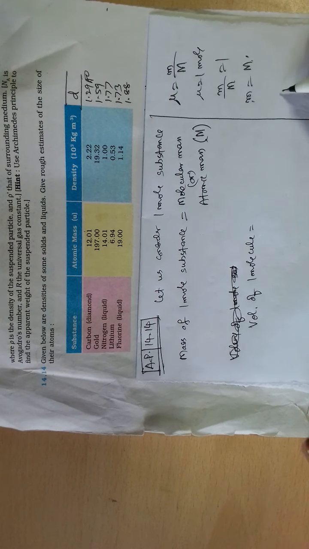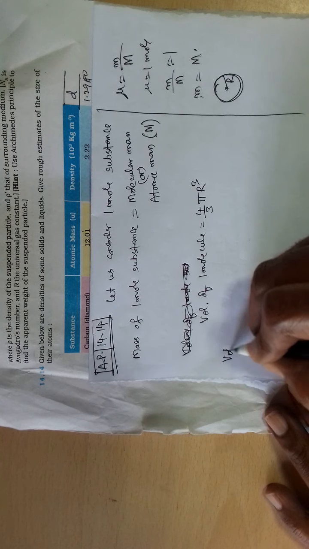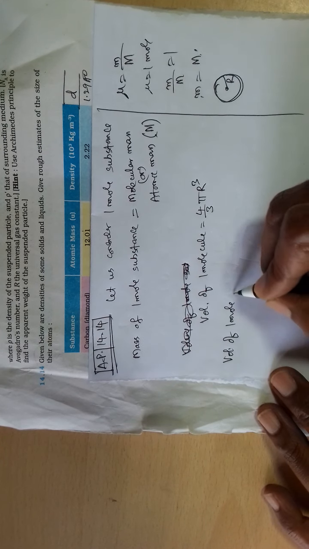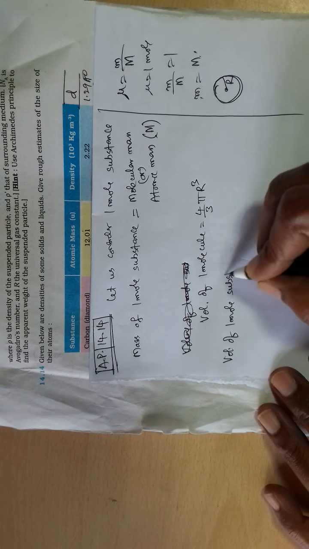We suppose the molecule has spherical shape, and volume of a sphere is 4 by 3 pi r cube. Now, volume of 1 mole substance.